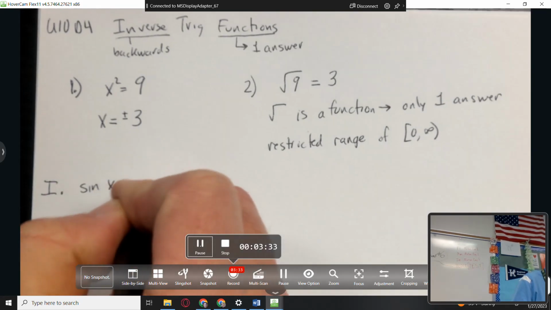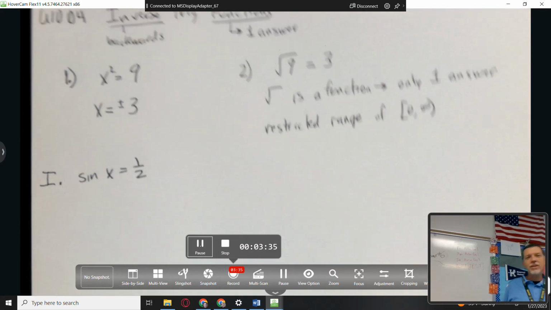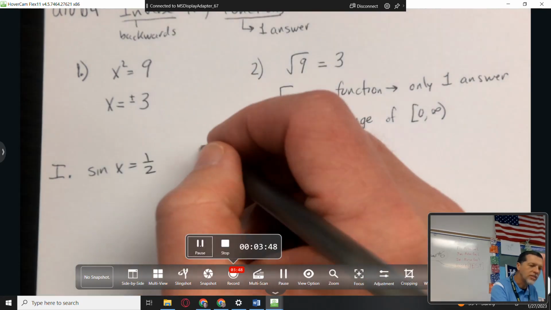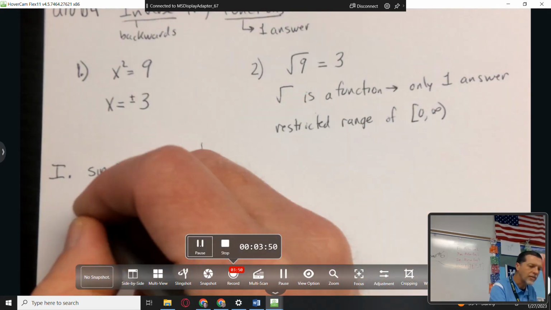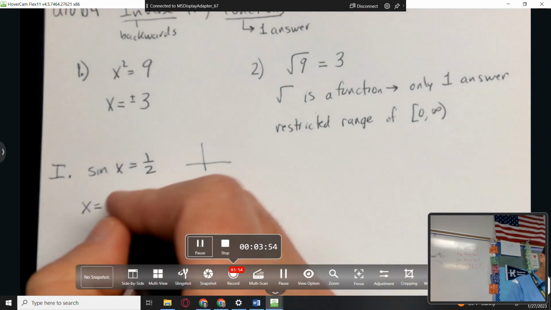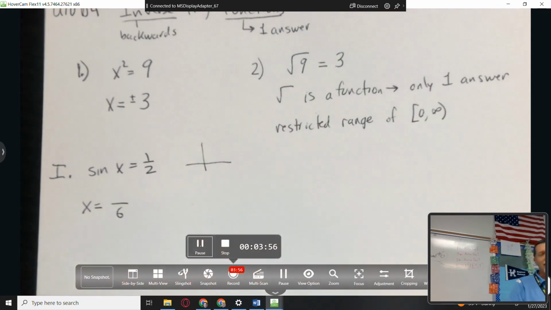In fact, I'm trying to lay these out in a parallel structure here. So sine of x equals 1/2. That's an equation. It's asking you what angle, or angles, plural, have a sine of 1/2. So we definitely know it's pi over 6. It's not anything over 6.